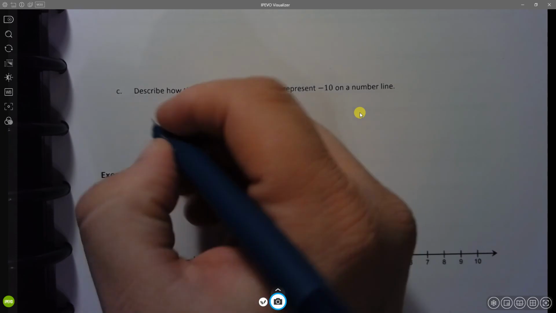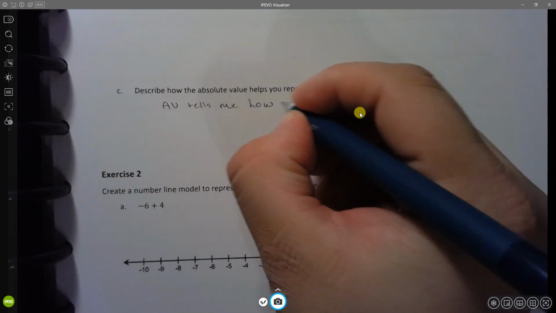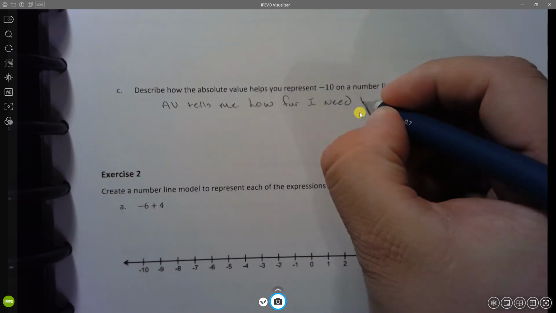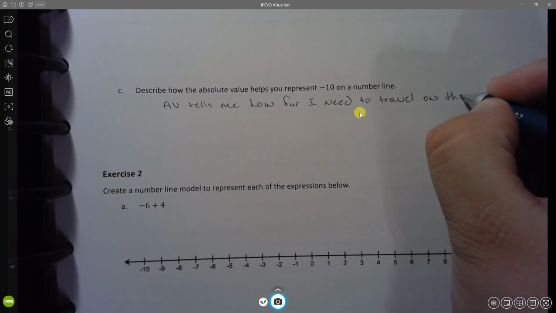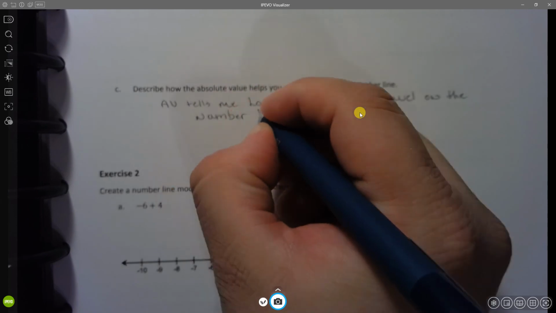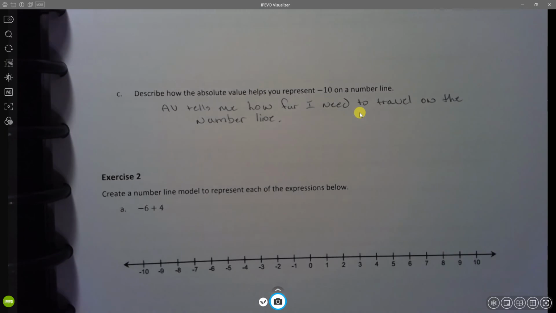Absolute value tells me how far I need to travel on the number line. That's all it is.